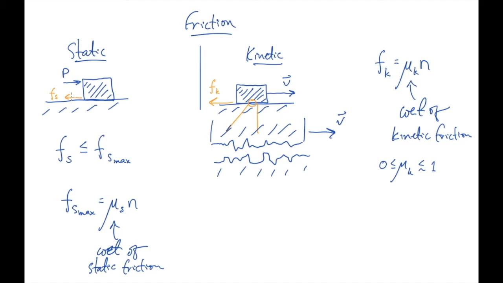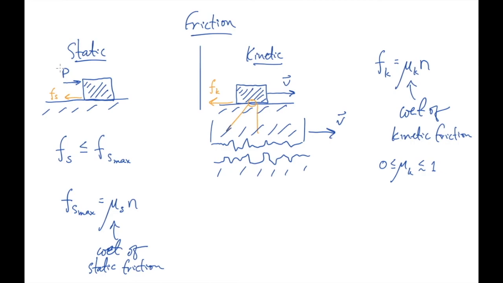Let's get the direction of the static friction force. Like the kinetic friction force that was parallel to the surface, static friction is always parallel to the surface. But it can go left or right depending on what would happen if there wasn't any friction. If I'm pushing to the right, friction is going to go to the left. Static friction opposes what's called the impending motion. That's the motion that would happen if friction wasn't there.